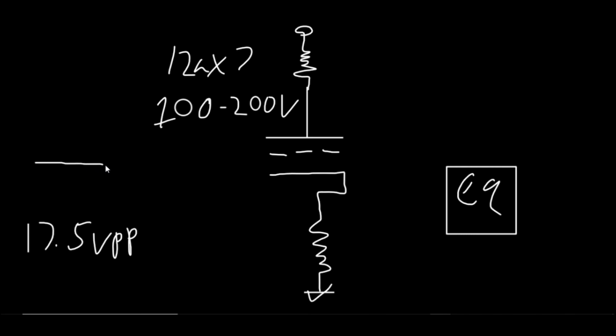So if I have my input signal coming in here, say this is my 17.5 volts, I want the output, which would come out here, to look the same.